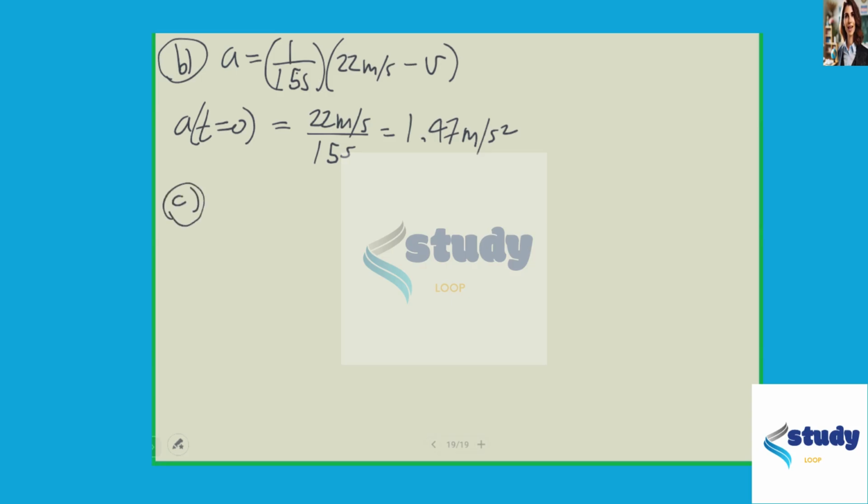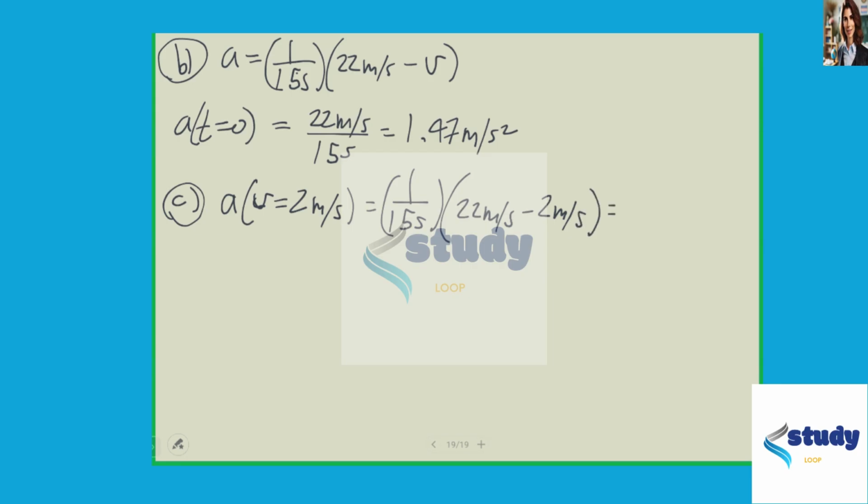And then for C, we just substitute v equals 2 meters per second. So this is a when v equals 2 meters per second, which is 1 over 15 seconds times 22 meters per second minus 2 meters per second, which is 1.3 meters per second squared.